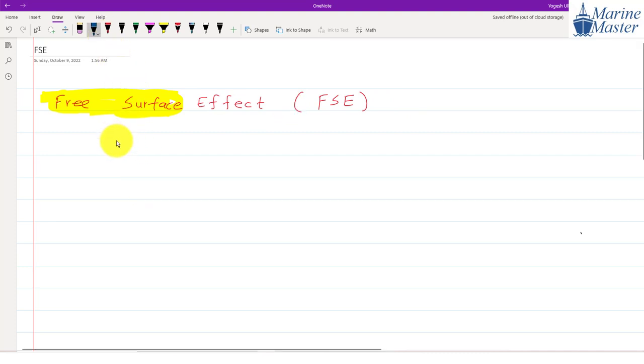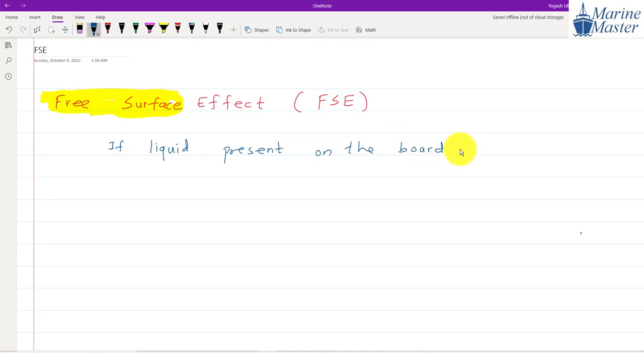If liquid is present on board the ship, and the liquid is free to move, that is, it has a free surface, then it is a problem.